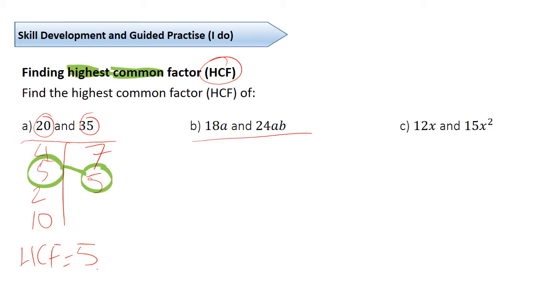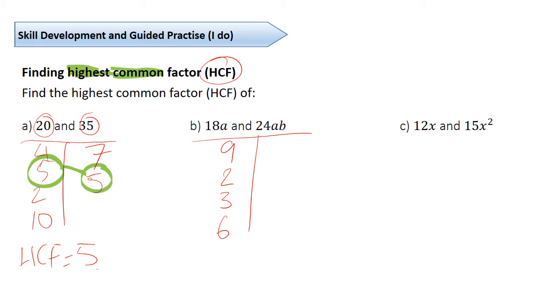The next one here is a little bit more involved. It's one of those tricky ones that has both numbers and variables in it, so we do need to be on the lookout for that. Now, I prefer to do the numbers first, and then we'll do the variables in a second. So let's have a look at the factors of 18. I can see that 9 times 2 is 18. I've got 3 and 6.